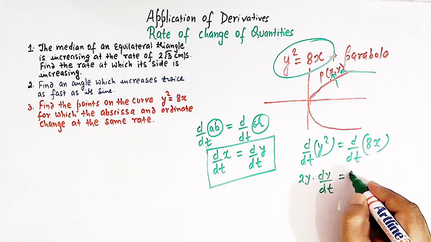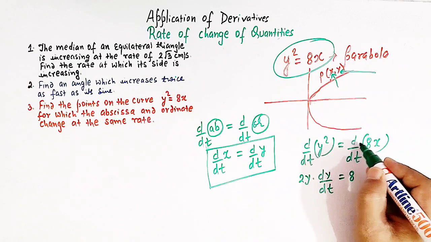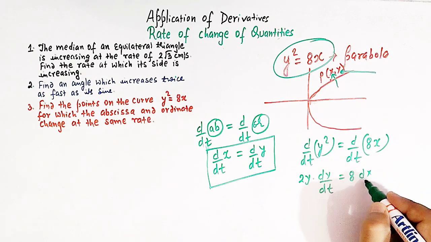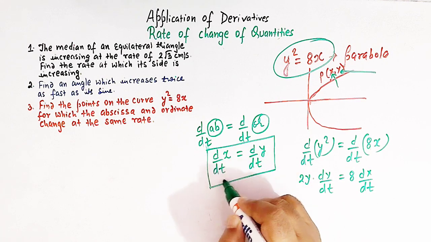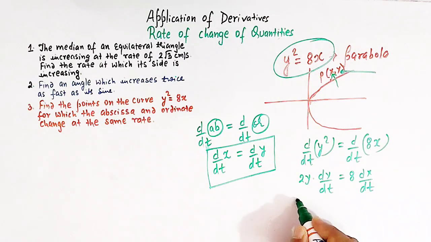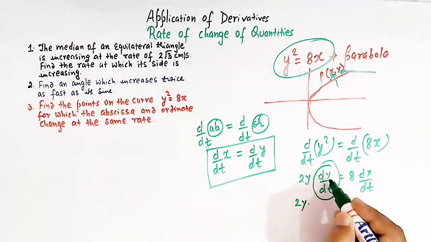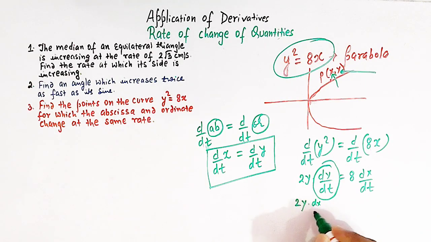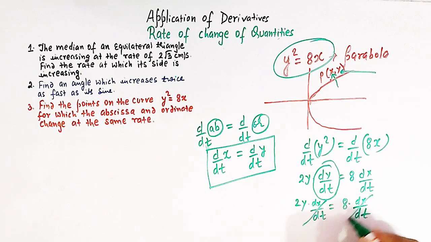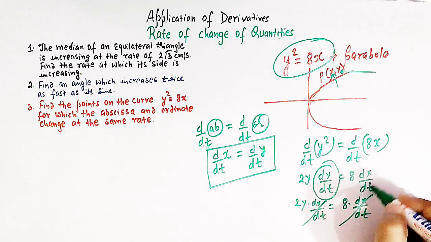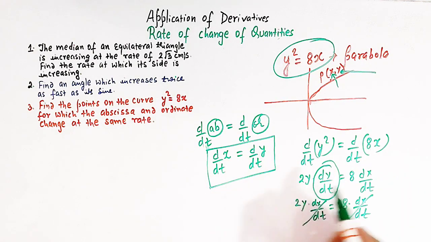And on the right we take 8 outside the derivative sign, so we have dx over dt. Now see, dy over dt is equal to dx over dt. So we can replace dy over dt by dx over dt, and here we have 8 times dx over dt. So this term and this term get cancelled, cancelling out dx over dt from both the sides.